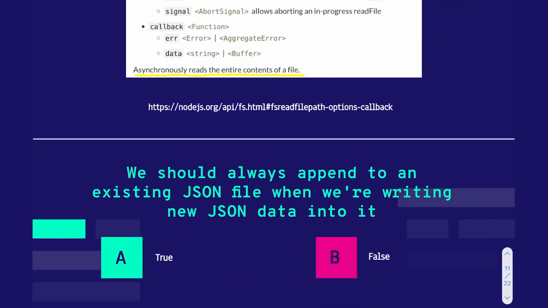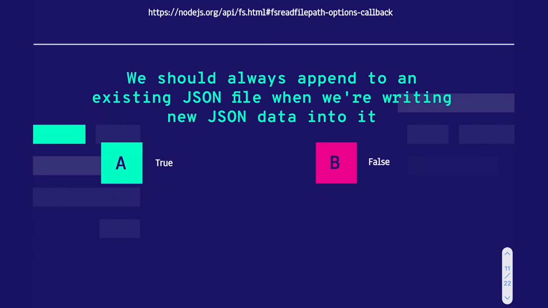All right, next question. We should always append to an existing JSON file when we're writing new JSON data into it. A, true, B, false. The correct answer here is false. So a bit of a tricky question here, but we've got this word always. And you don't always want to append to it.